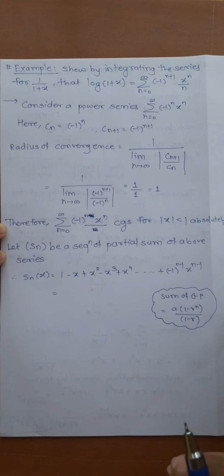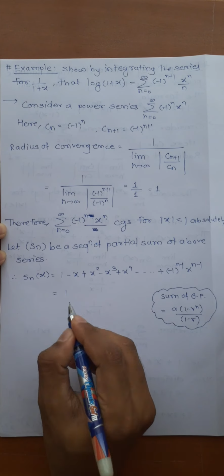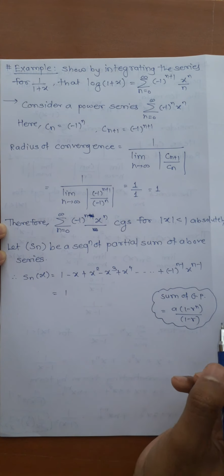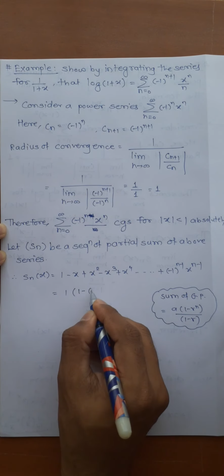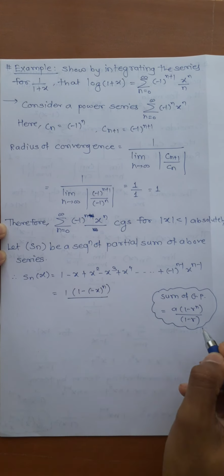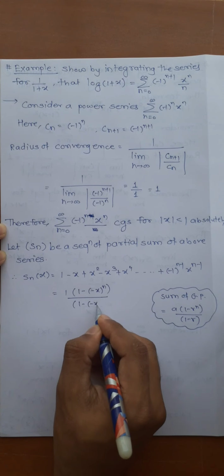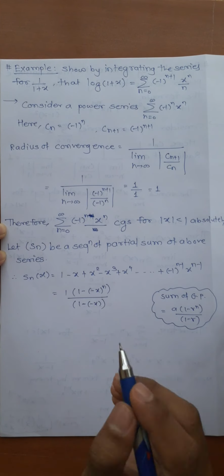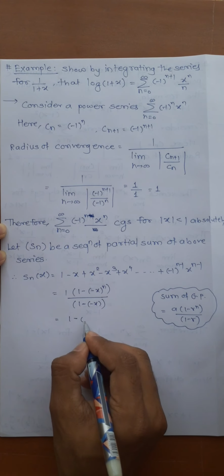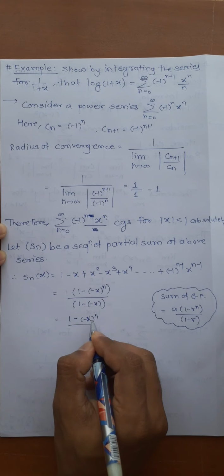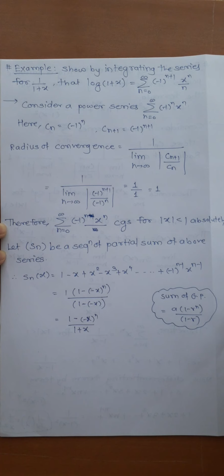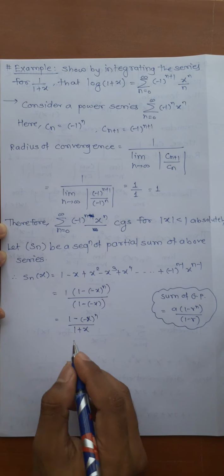So this is a geometric series with first term a equal to 1 and common ratio r equal to minus x, so (1 - (-x)^n)/(1 - (-x)). In the denominator minus minus is plus, so 1 + x. Getting the point? Okay, now I will take the limit of both sides.